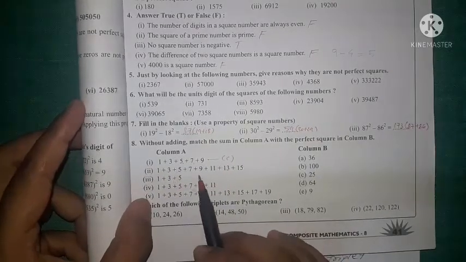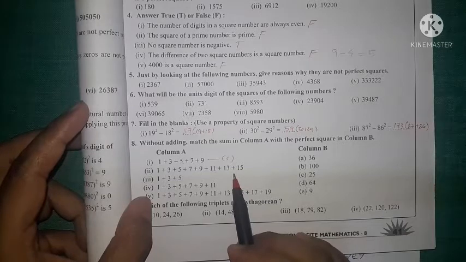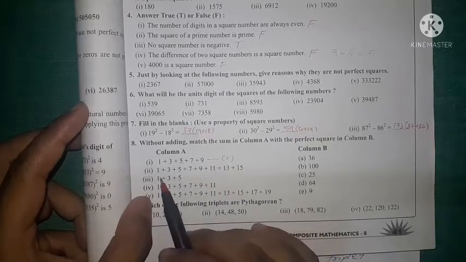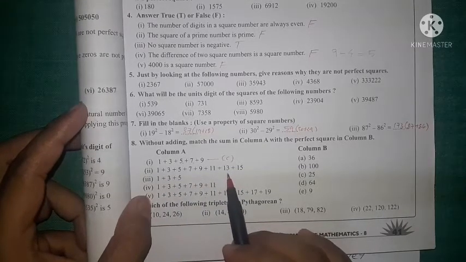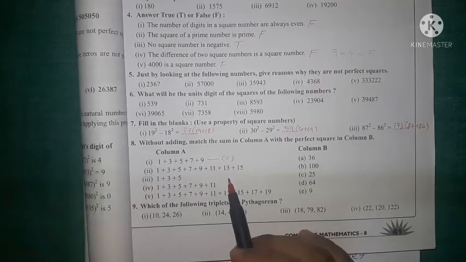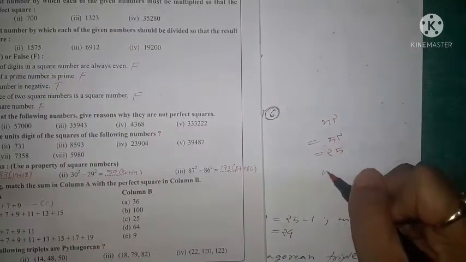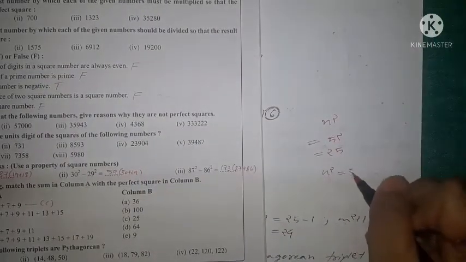This is the sum of the first 8 odd natural numbers, so it is 8 square, which is 64. So 64 is given in option D.